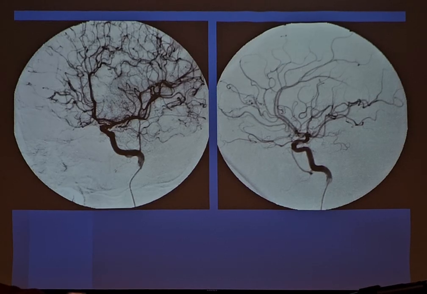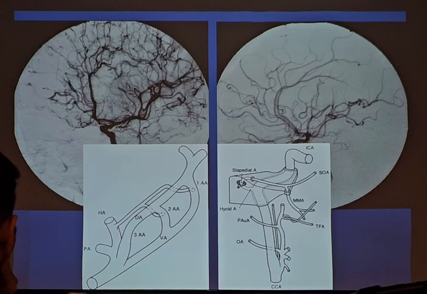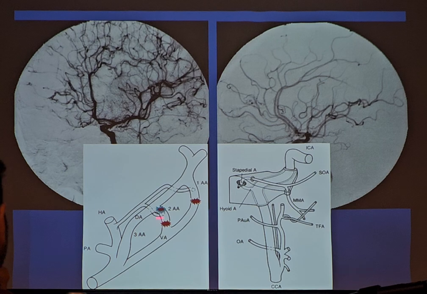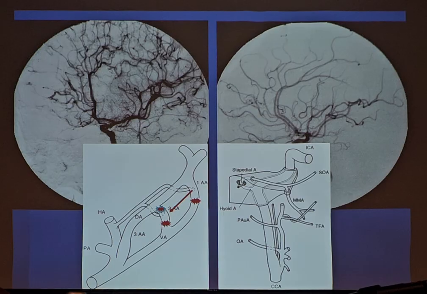This is again a partial persistent stapedial artery system. You can see the middle meningeal artery is coming from the stapedial artery system. So the mandibular branch is giving off the middle meningeal artery.